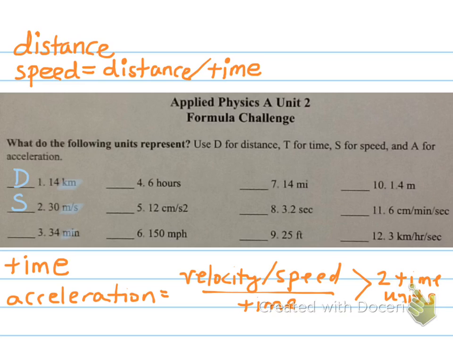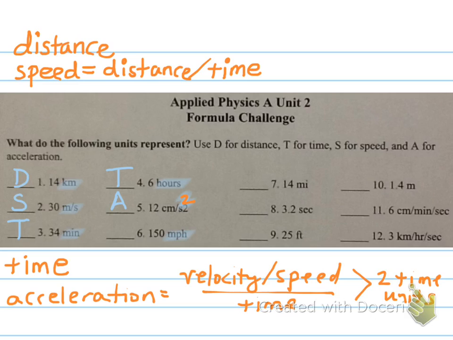So in number 3 we just have minutes, which is a unit of time. Next we have hours, which is just a unit of time. Next we have centimeters per seconds squared. So again, that has 2 times in it, so that's an acceleration.